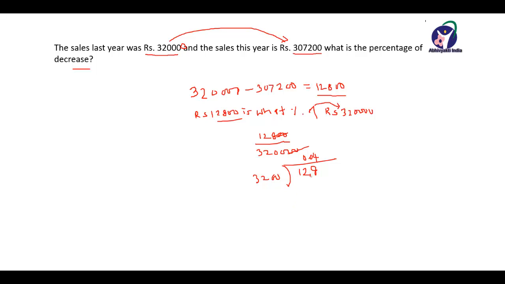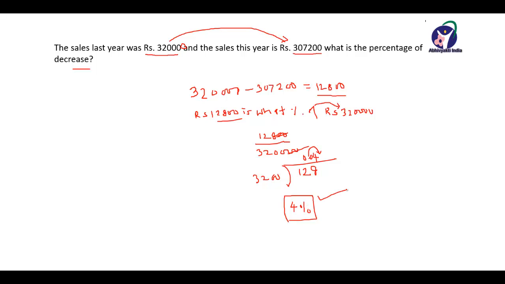We shift this decimal point 2 digits to the right to get a percentage, so it will be 4%, and therefore you can say that the percent decrease is 4%.